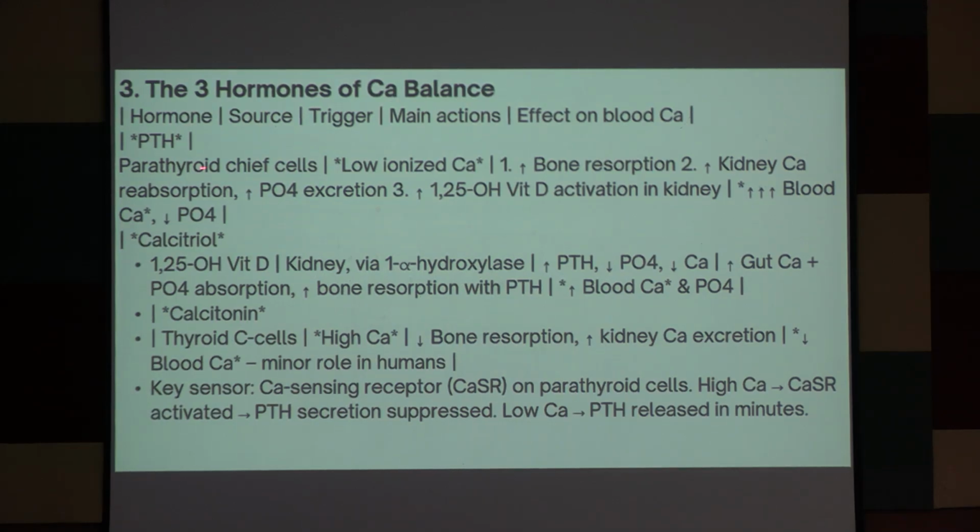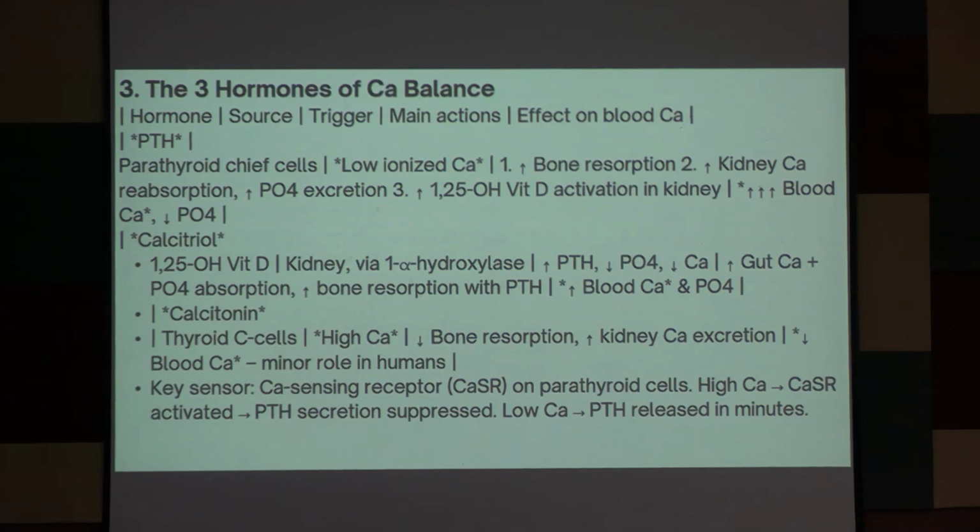Hormone, parathyroid, source chief cell, trigger is low ionized calcium, main actions are to increase bone resorption, increase kidney calcium reabsorption so that calcium comes into blood, and increase in the phosphate excretion. So there will be hypophosphatemia.